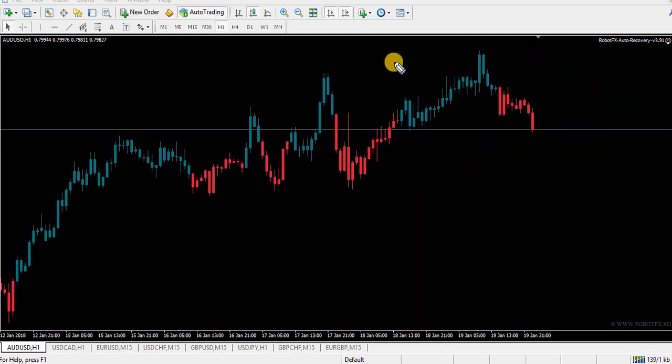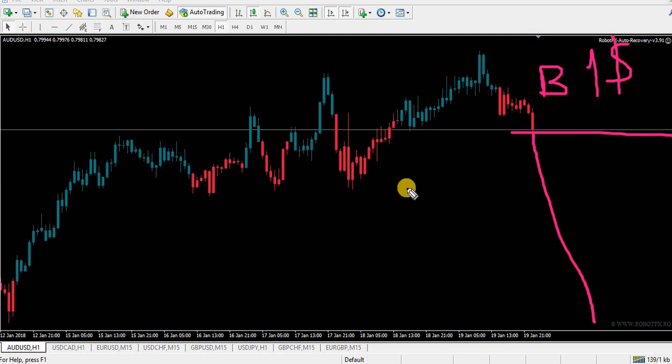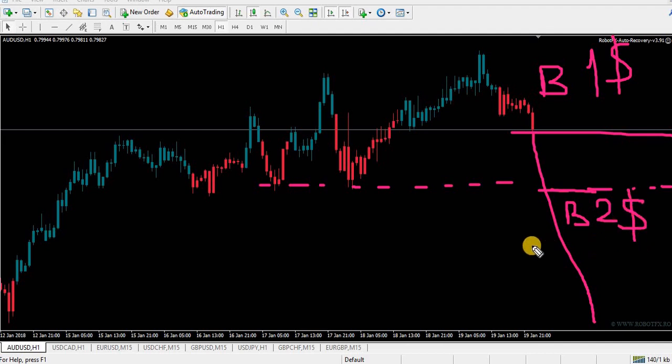Another method used by traders is martingale. In this case, if you open the same buy of $1, trading with the trend, and the price does not go up in your favor but falls instead, then the martingale strategy assumes that you open another buy at the level you would normally consider buying anyway, but usually the lot size of the second buy is higher, let's say double.